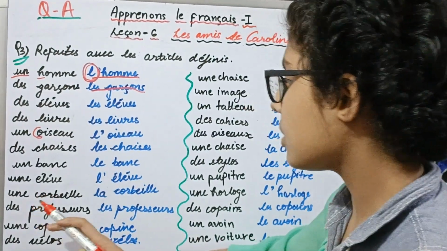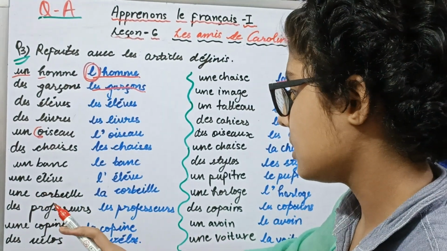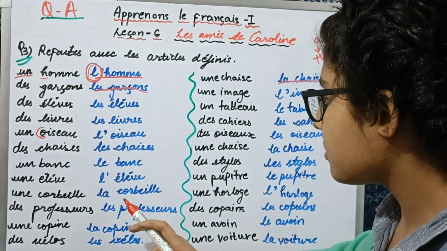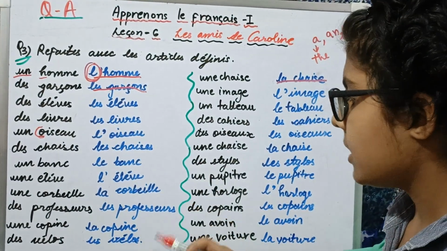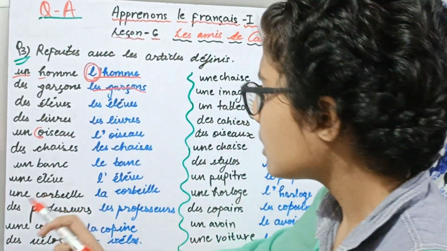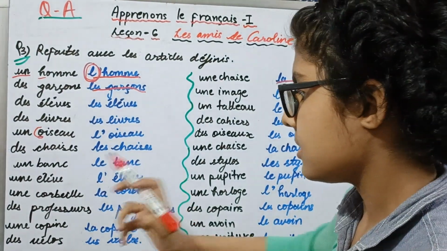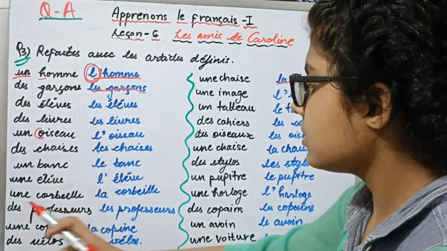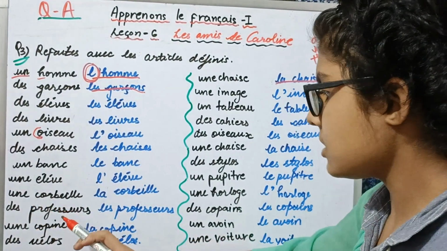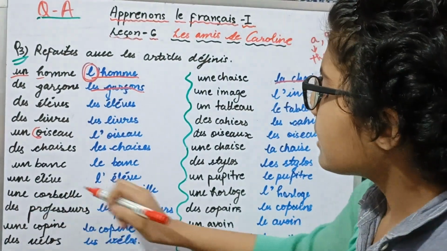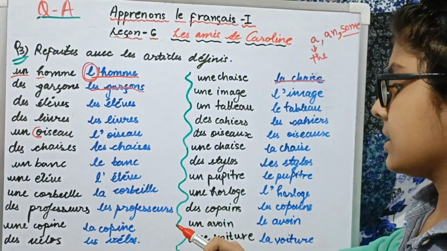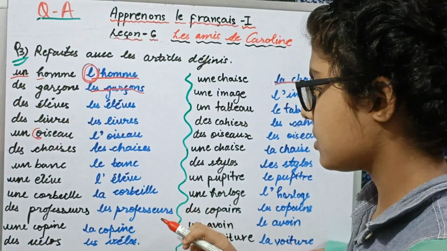Then we have une corbeille, a basket, which would be transformed into la corbeille, the basket. Then we have des professeurs, some professors, which would be transformed into les professeurs, the professors.